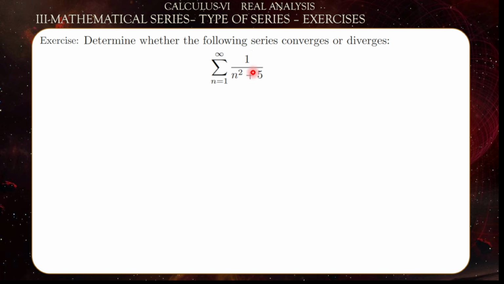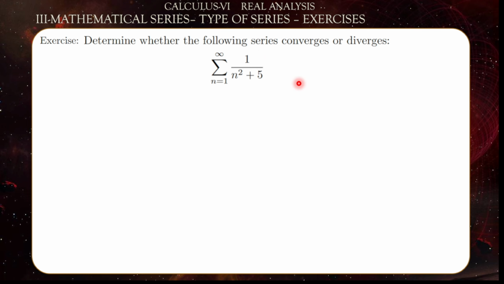If we can compare it with another sequence like 1 divided by n squared, in such a case 1 divided by n squared would be bigger than 1 divided by n squared plus 5. So if a_n is equal to 1 divided by n squared plus 5, and b_n is equal to 1 divided by n squared, b_n would be bigger than a_n. If b_n converges, which it does, by the way, then a_n converges.